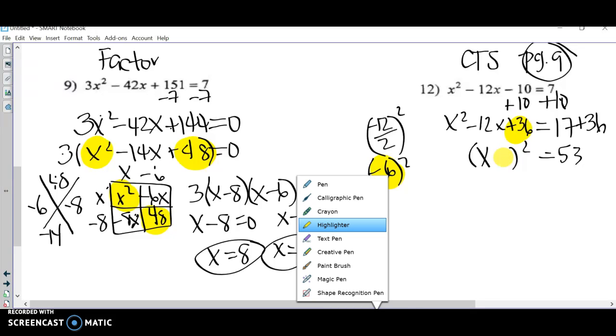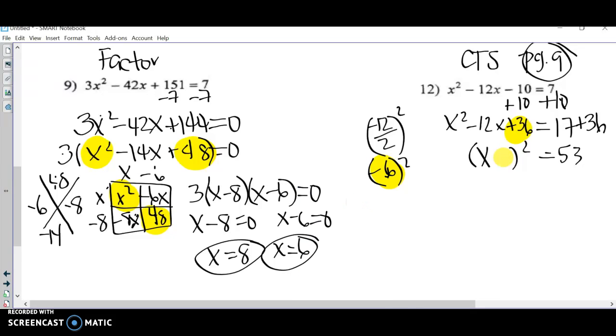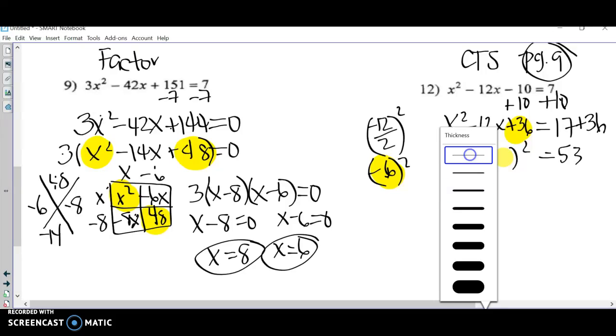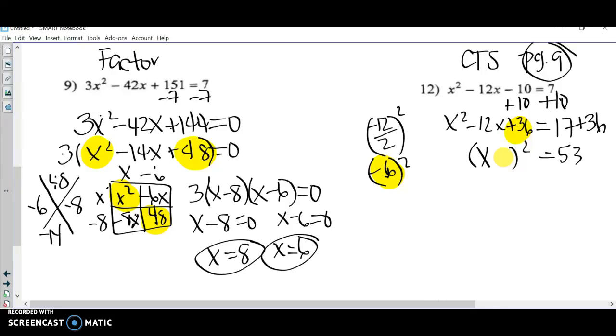And this works every single time. So, my b divided by 2 for this one is negative 6. So the factor will be x minus 6 times x minus 6, also known as x minus 6 squared. So if you factored this trinomial, you should get x minus 6 times x minus 6.